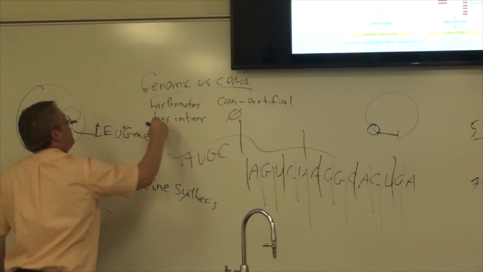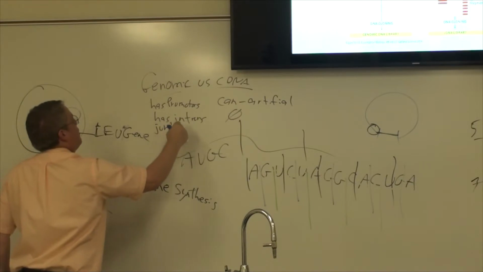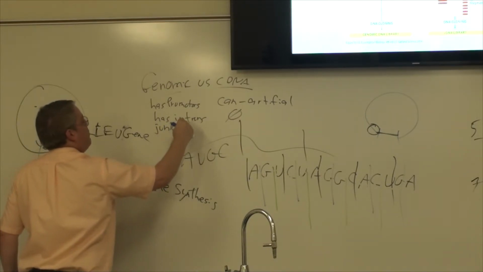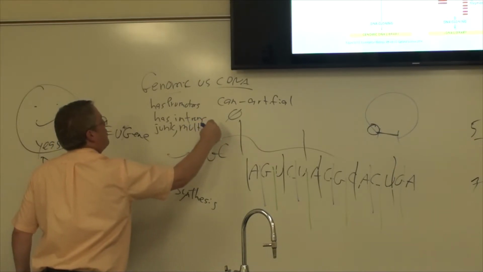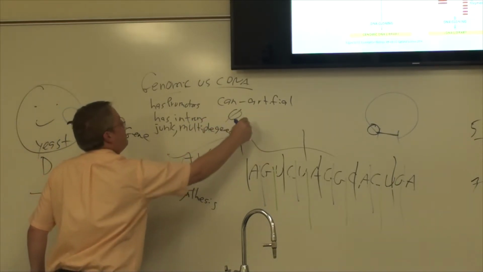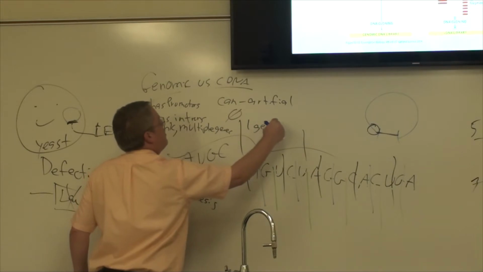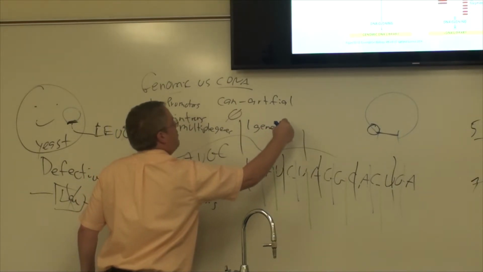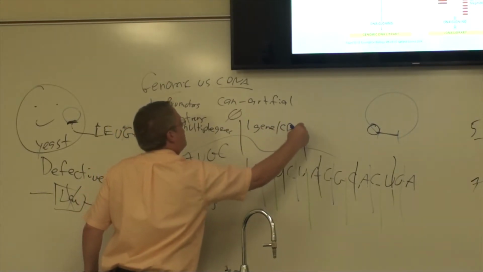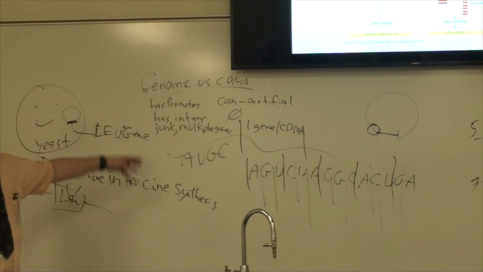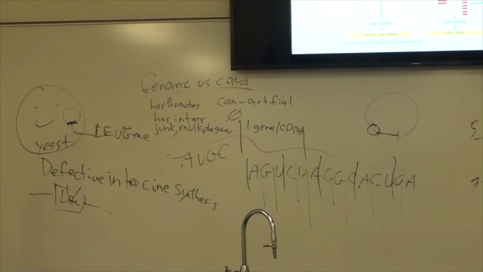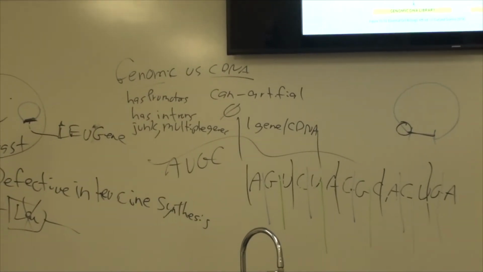This could have junk DNA. It could have multiple genes per piece. And this one just has exactly one gene per cDNA on it. So this one is more clean actually, but sometimes if you wanted the natural situation, you could have something like that.